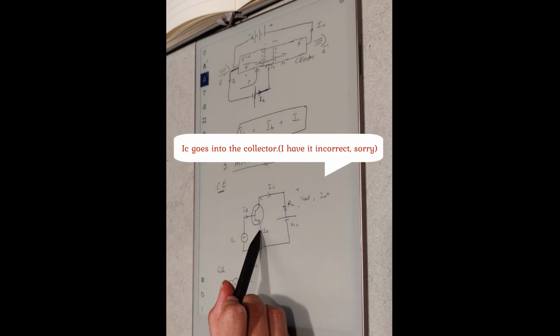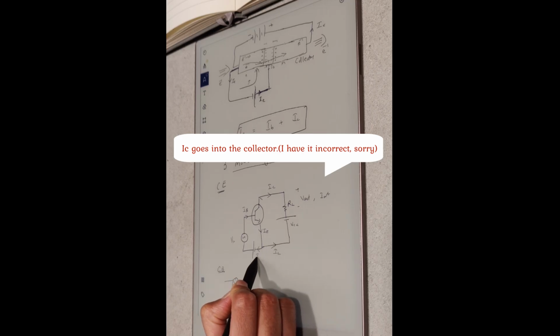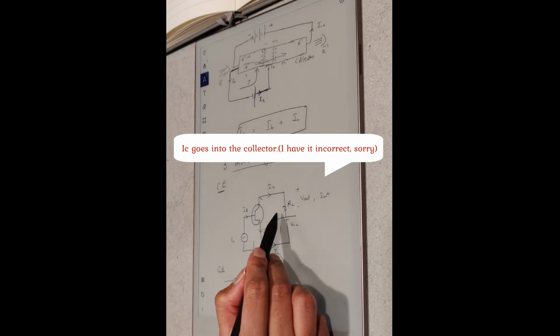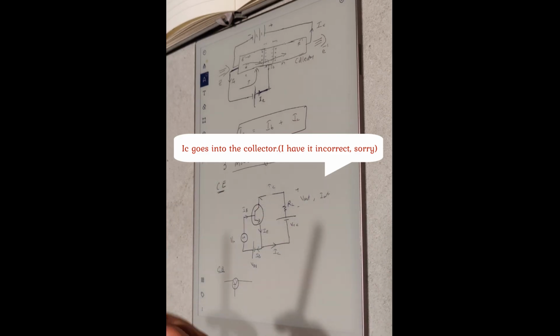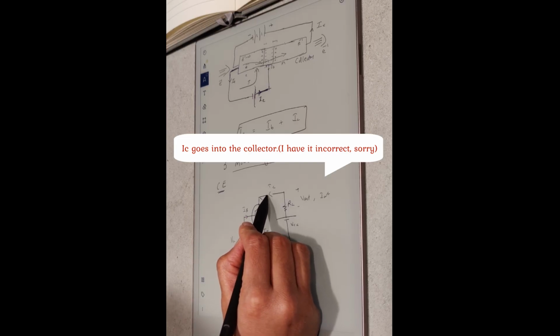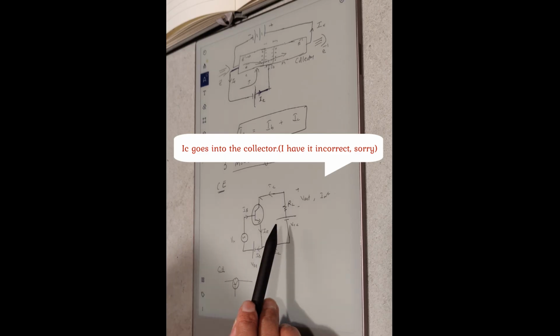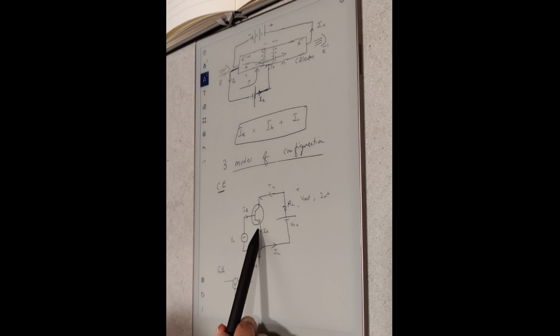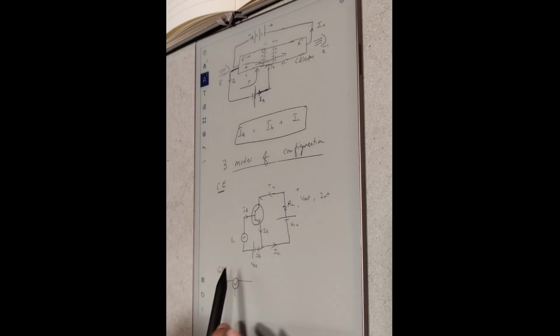We can verify that IE has to equal IC plus IB, and that makes sense. This arrow should be going into the collector, so the current is going into the collector. IE comes out, and at this node it becomes IC and IB, and it matches the directions of the batteries. So I think it looks good.